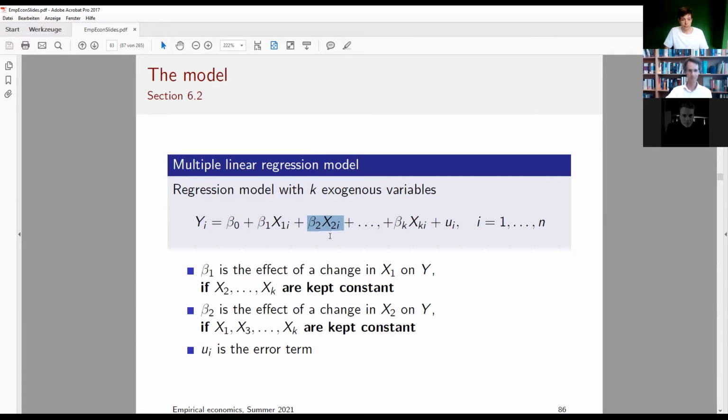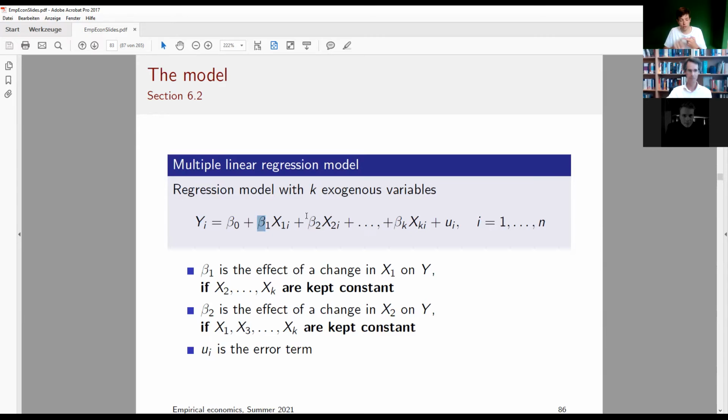In fact, beta 1, our coefficient of interest that measures the effect of student-teacher ratio, is now the effect of a change in x1 on y, if we keep all the other regressors constant.